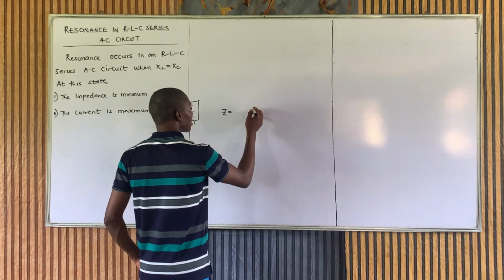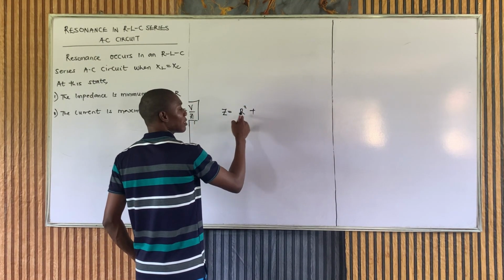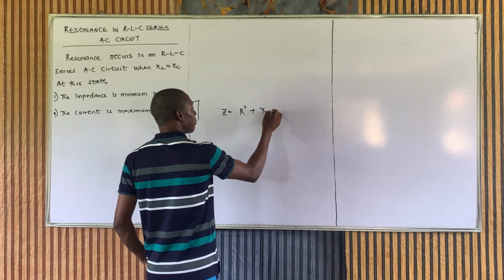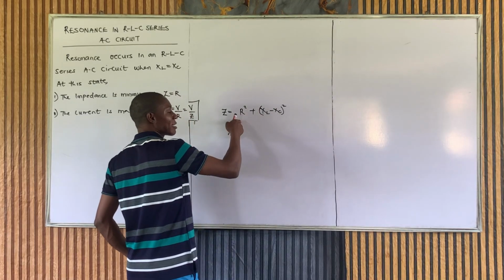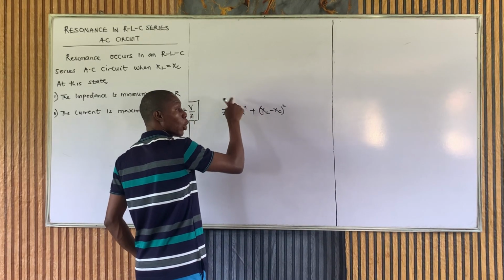Impedance is the square root of R squared plus, it's not just R, plus something else again, (XL minus XC) squared. So because something else is added to the resistor, the impedance is always higher than the value of the resistor.